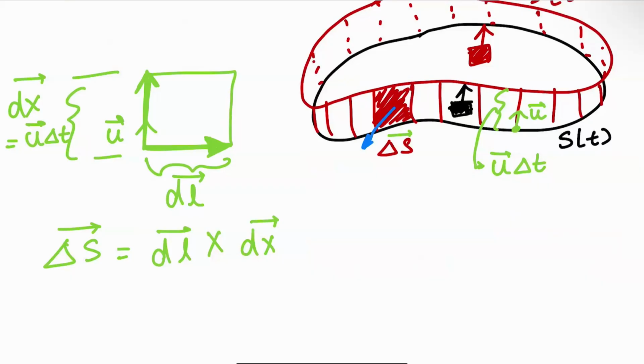And the oriented area of a parallelogram is given by the cross product of its two side lengths, right? The reason that dl comes on the left is the right hand rule. So you want this oriented surface normal to be pointing out. So it's dl cross u delta t. So just keep this in mind, okay?